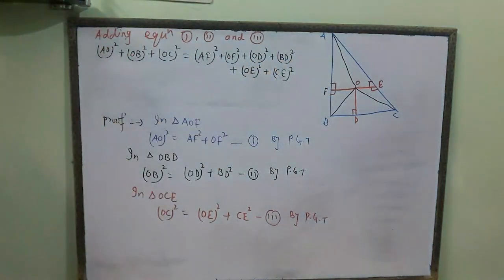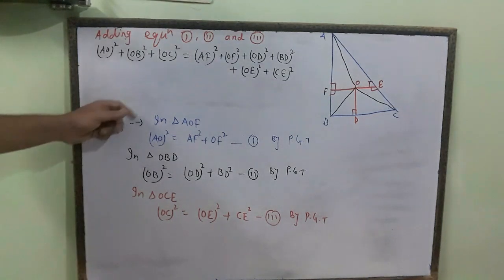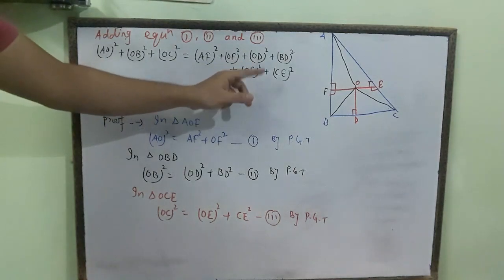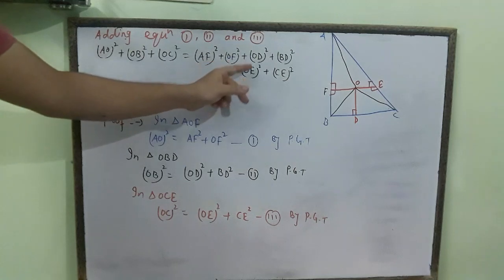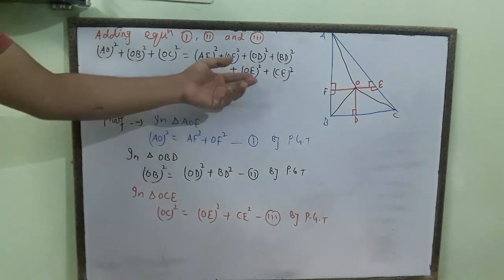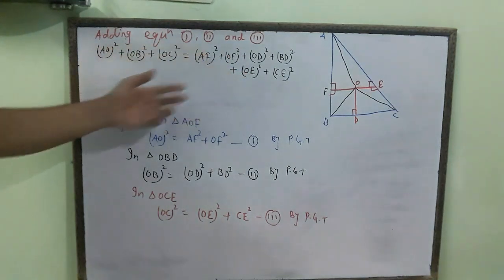While seeing the proof term closely, you will see that we have to transfer OD, OE and OF to this side. Here the sign of OD, OE and OF is plus, and after transferring the sign will be minus.